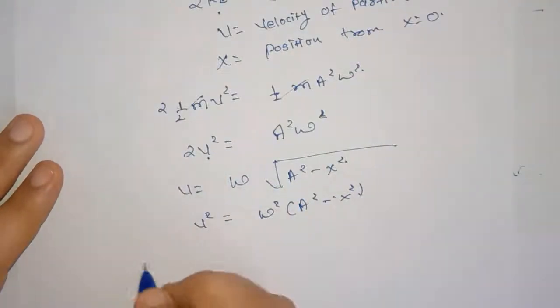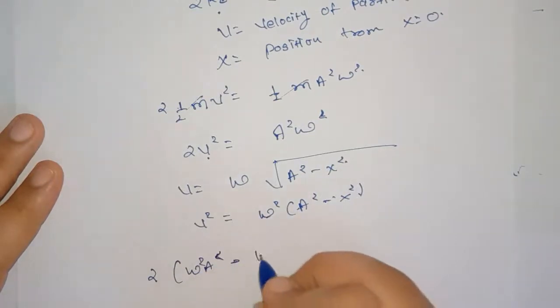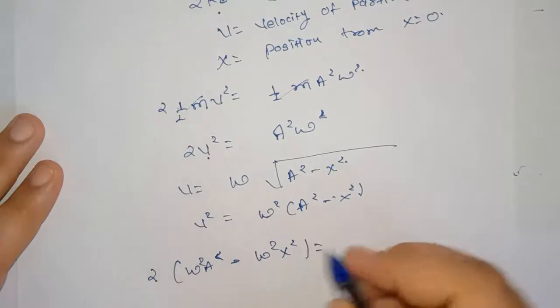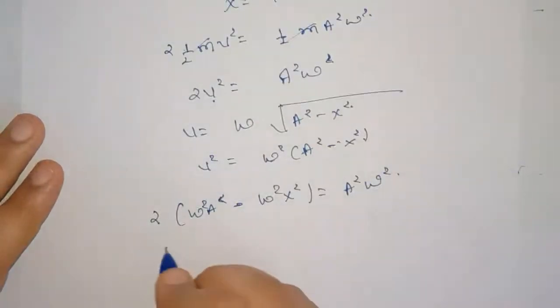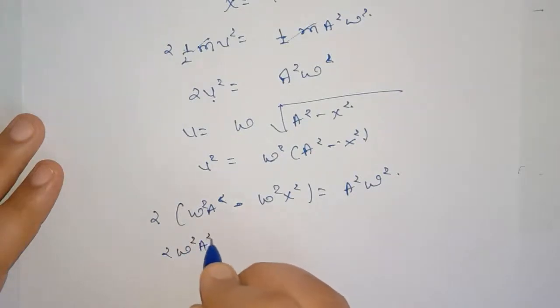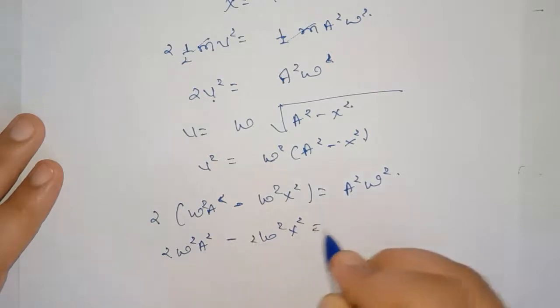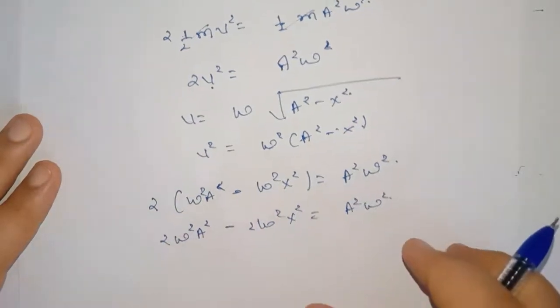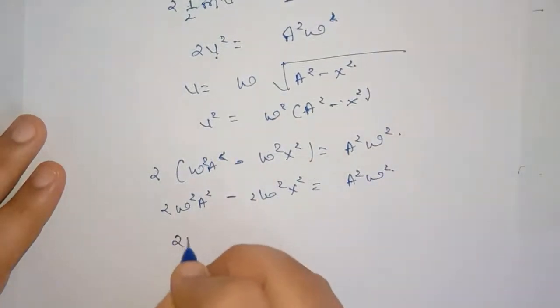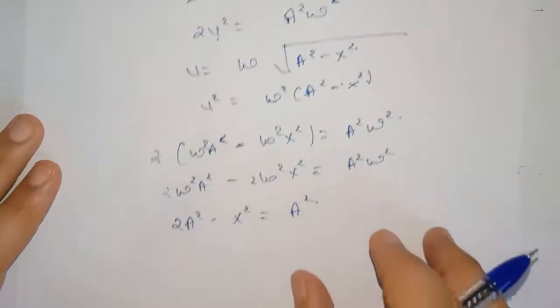So put this value. 2 v square is omega square into a square minus omega square into x square is equal to a square omega square. So 2 omega square a square minus omega square x square is equal to a square omega square. This omega square will be cancelled out, so we can write 2 a square minus x square is equal to a square. So 2x square is equal to a square.